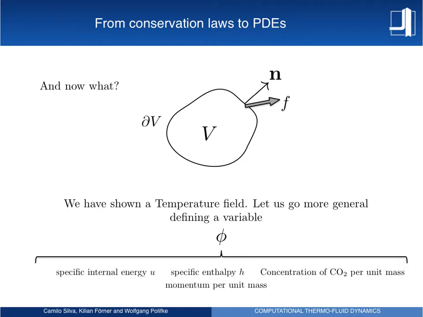For example, some intrinsic properties of a given substance, like you see here, a specific enthalpy, why not a specific entropy, specific internal energy. We can have the concentration of CO2 per unit mass as well, momentum per unit mass as well. So this phi is any kind of variable that is a conserved scalar.